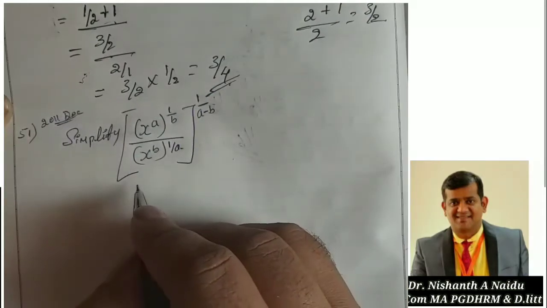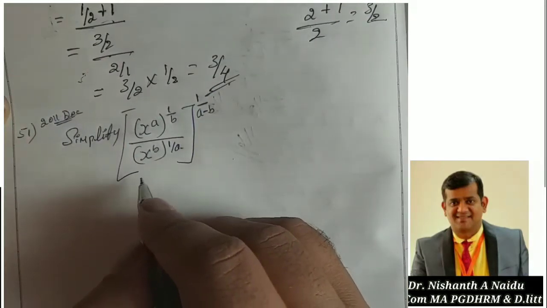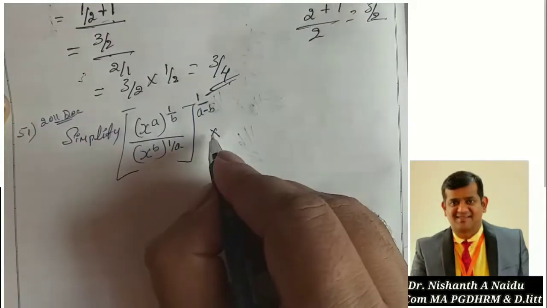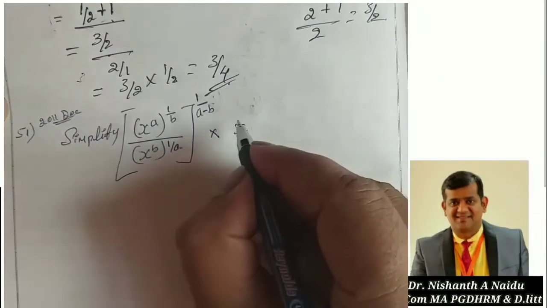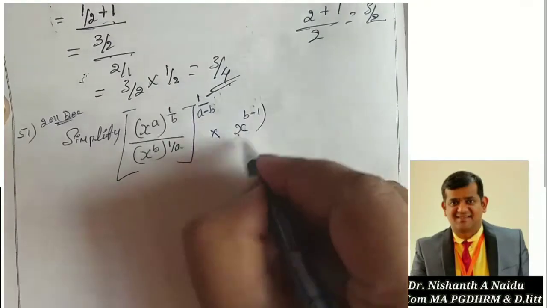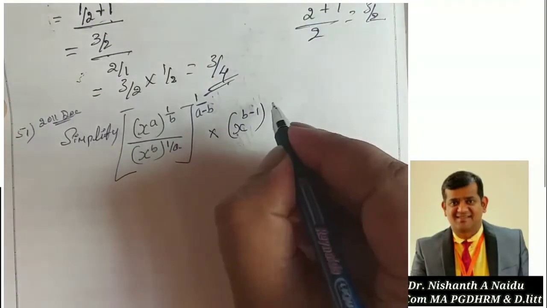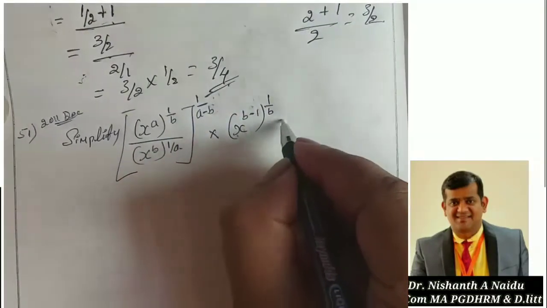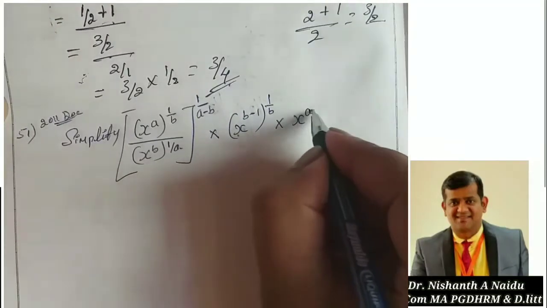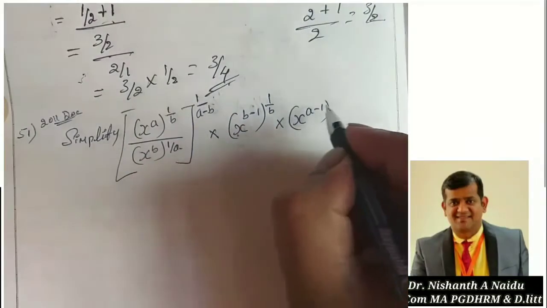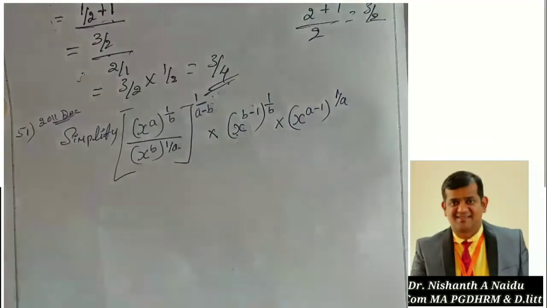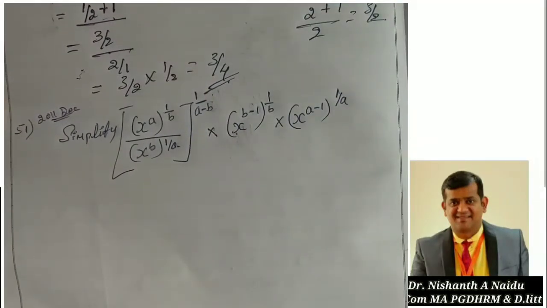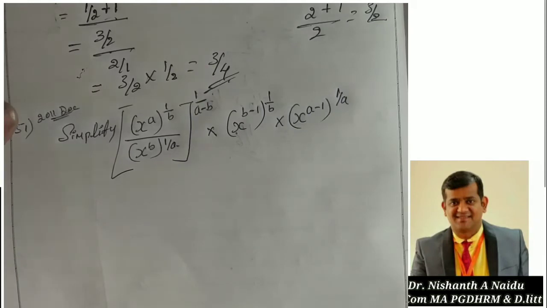We have solved this kind of problem previously, the same kind, so let us solve once again. Not an issue. That is (x^(b minus 1))^(1/b) into (x^(a minus 1))^(1/a). So this is the problem which we have to simplify.